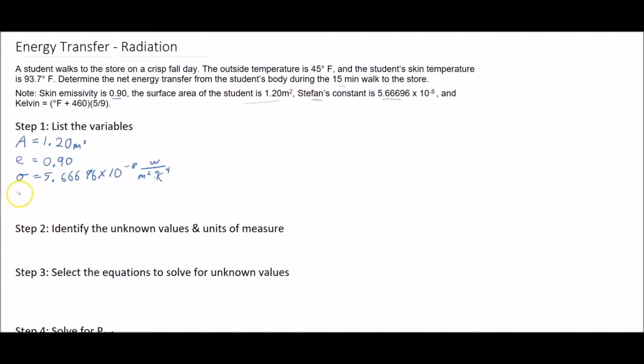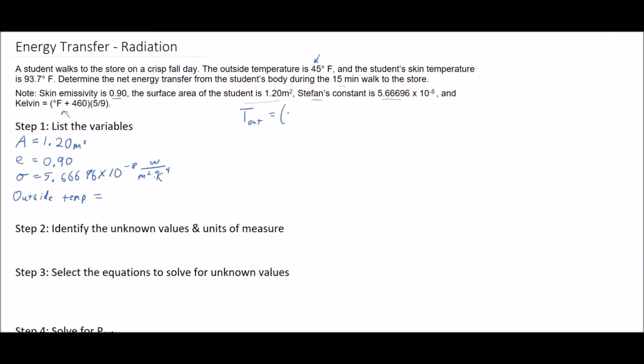So now we need the outside temperature in Kelvin, which is the unit of measurement for temperature. And basically what we had to do, it tells us the outside temperature is 45 degrees Fahrenheit. But it also tells us the formula to find the temperature in Kelvin is this. So I'm just going to call it T outside. And what I'm going to do is just use that equation.